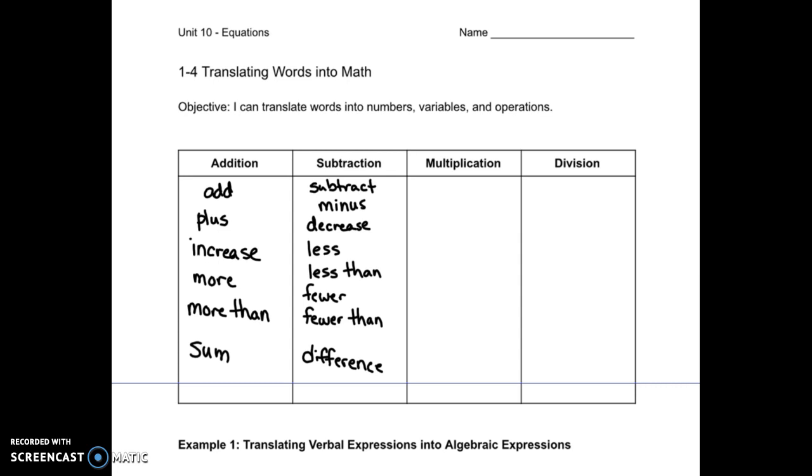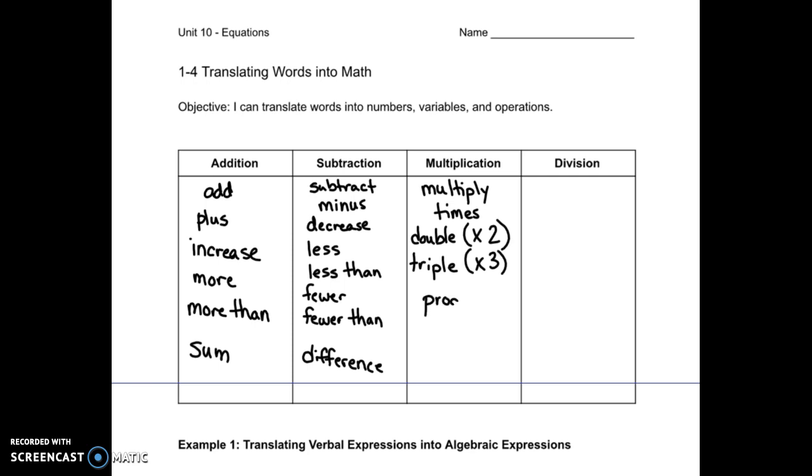Multiplication, we're going to say multiply, times. Say double, which is a special one. Double means times 2. So triple means times 3.